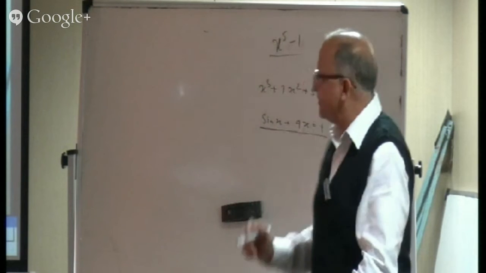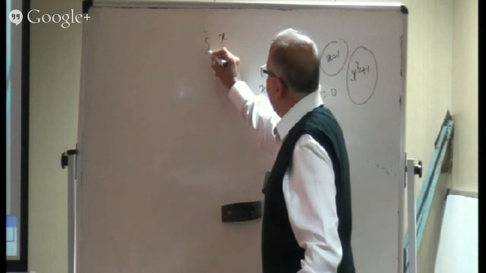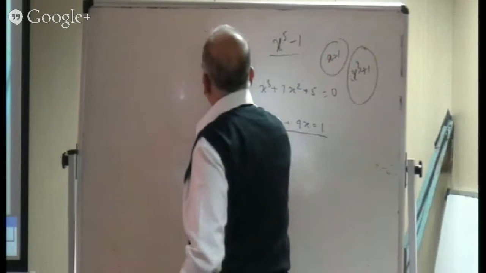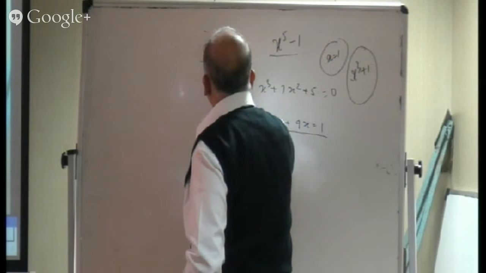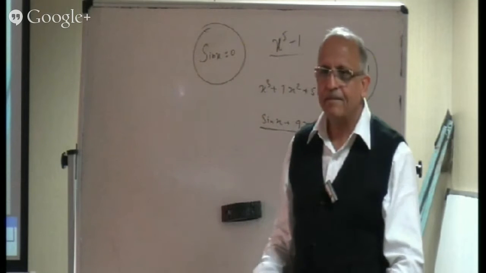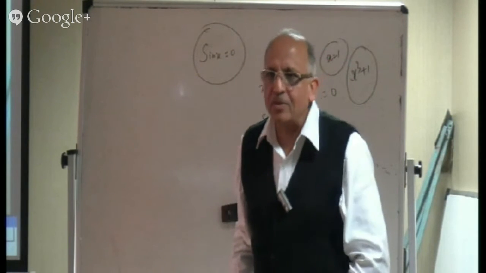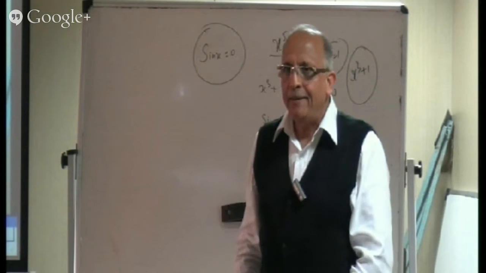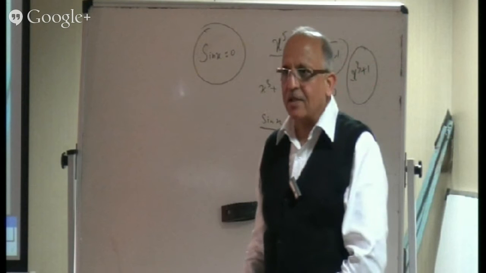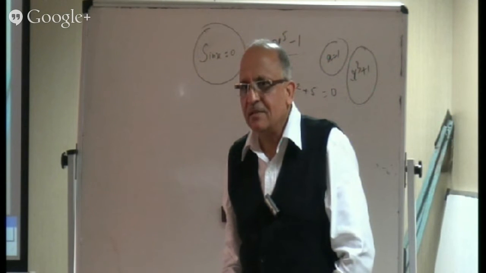For example, sin x equal to 0. Let us take this: sin of x equal to 0. How many solutions does it have? And what do you mean by solution? But how many solutions? X is 0, sin x is 0. X equal to pi, sin x is 0.